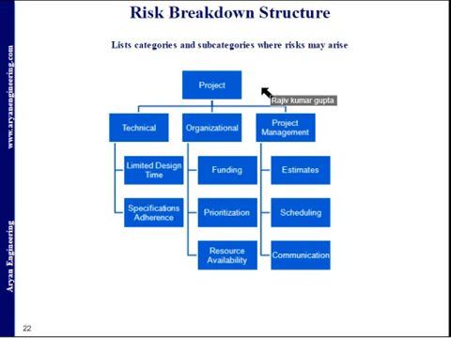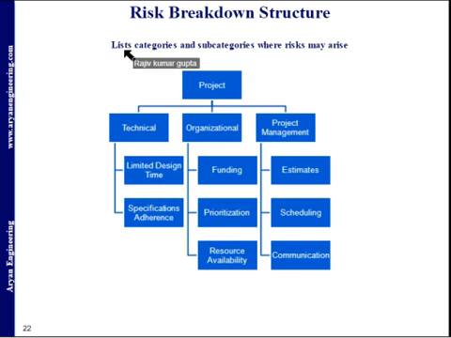It is a checklist that a project manager or project team can go over to ensure they reviewed all possible sources of risk and identify the risk arising out of those. So here you can see that there is a project and there is technical. In the technical, limited design time, specification adherence, and in organizations, funding, prioritization, resource availabilities.